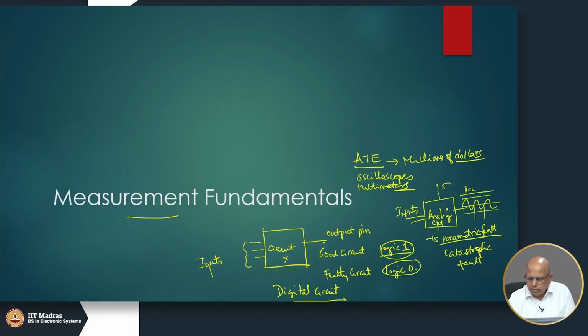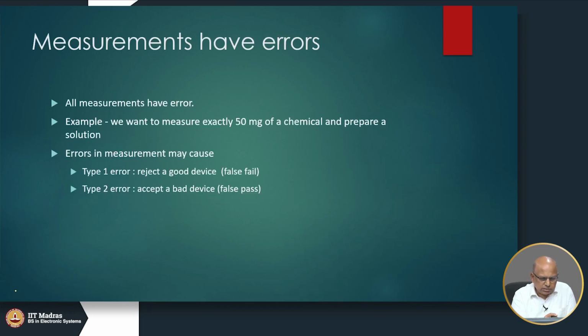So, we will not have time to go through all of the equipment, but it is good to know a little bit about measurement. Okay. The first and foremost thing to understand is a measurement can have an error, right.